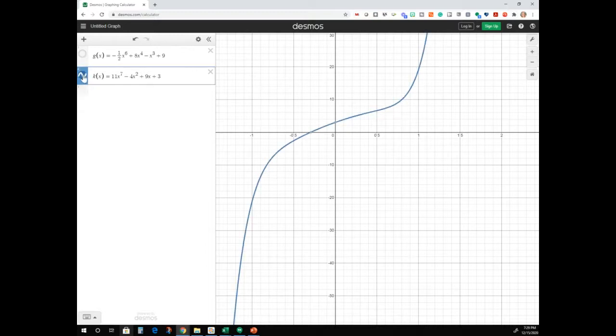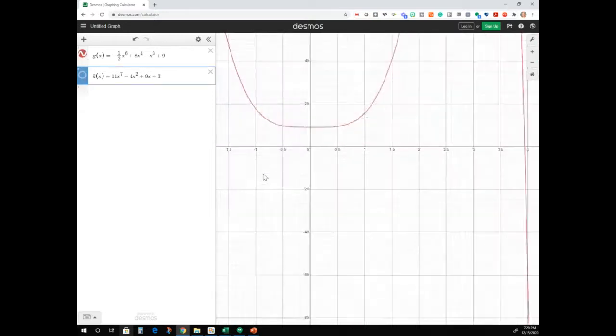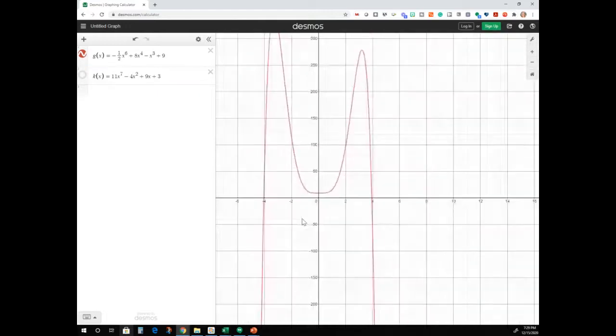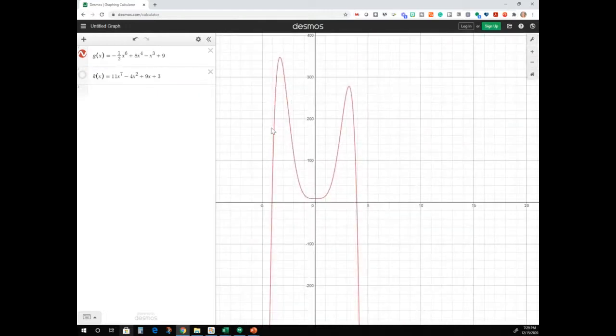If I go back to g of x and zoom out again, we can say it goes up, down, up, down. So you can also think of it as changing direction 3 times, but there are 4 different pieces because there are 4 sections between the ups and downs. So that's another way you can think about the going up and down.